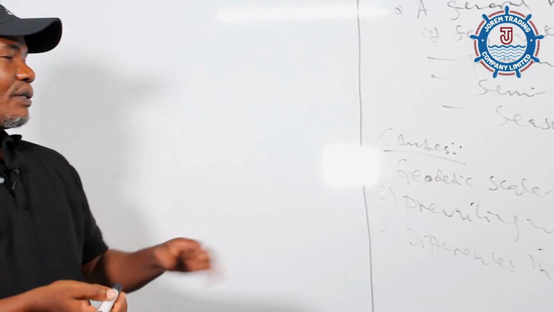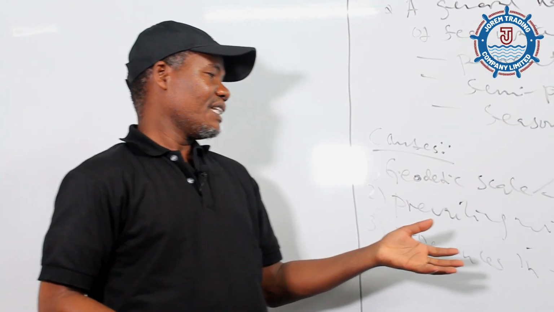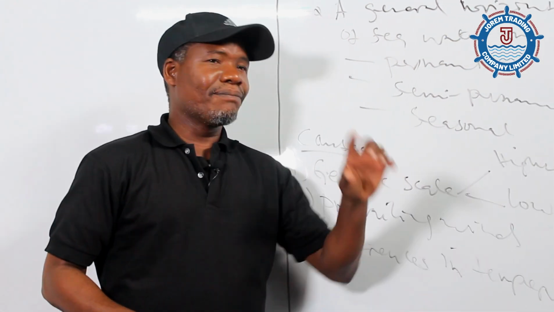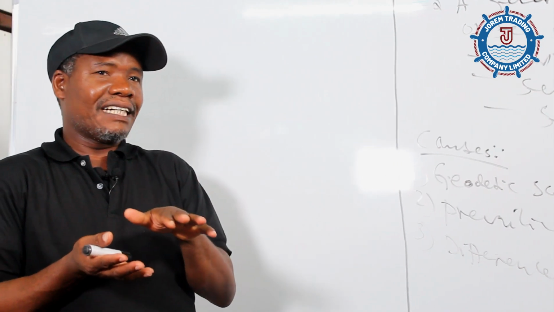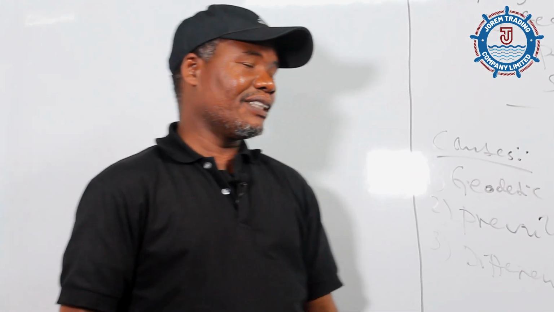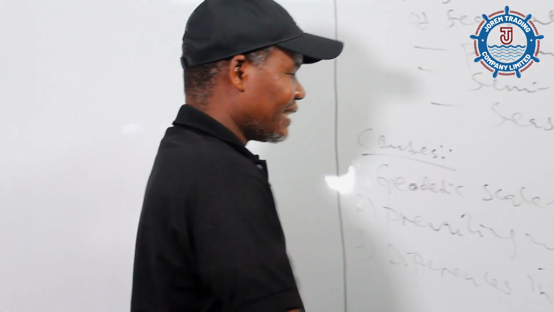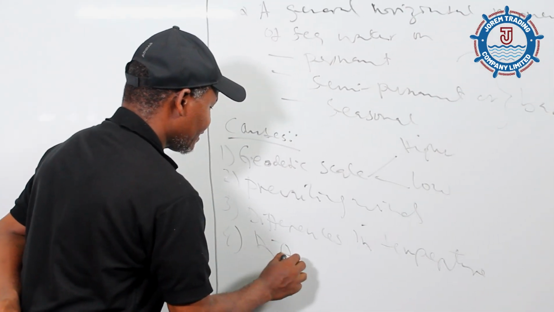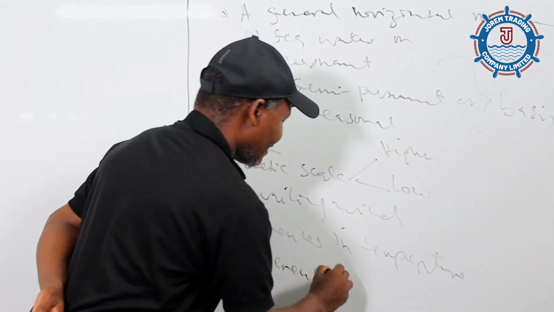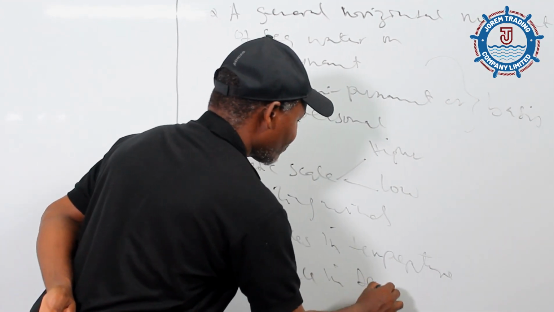It means one parcel of water is going to be warmer than the other one. The one which is warmer will be lighter, or less dense, than the cold one. So it means water will flow by gravity. And the difference in temperatures causes difference in densities.